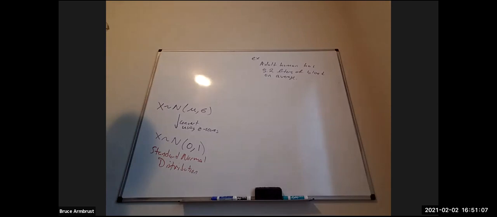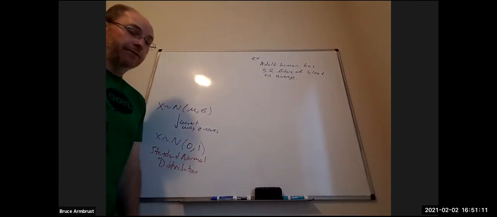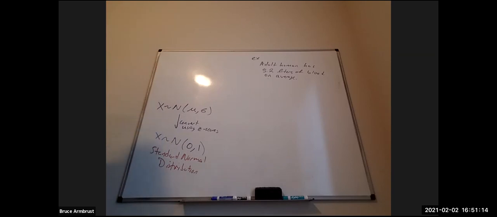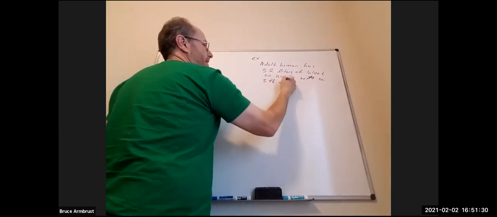So that right there is your mean. That's the average amount. Now I'm also going to give you your standard deviation. The standard deviation for this is 0.3. So on average 5.2 liters with a standard deviation of 0.3.